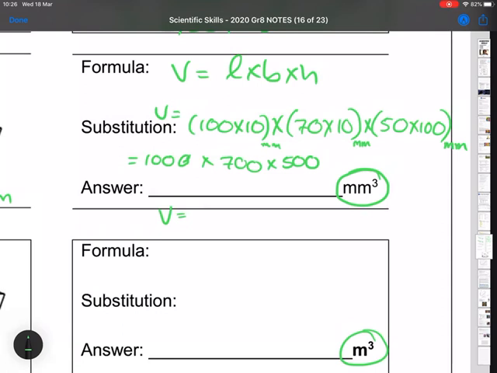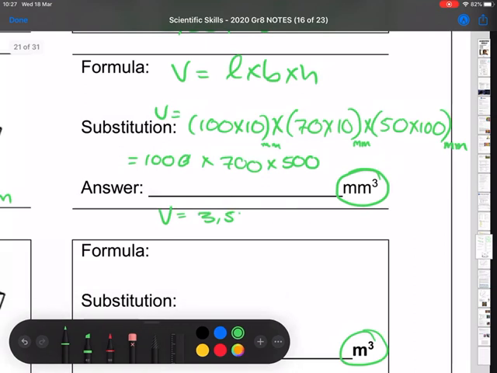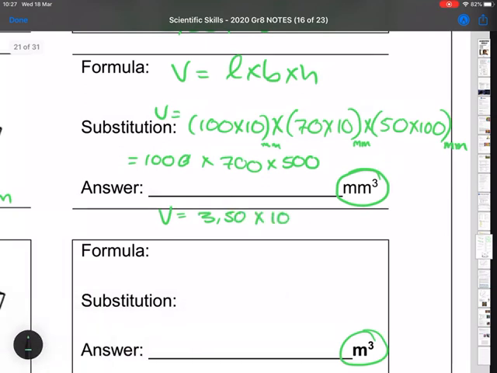V equals 3,5. Let's work with 2 decimal places, so 3,50 times 10 to the power of 9. And our unit's going to be millimeters cubed, because you've got a millimeter times a millimeter times a millimeter.